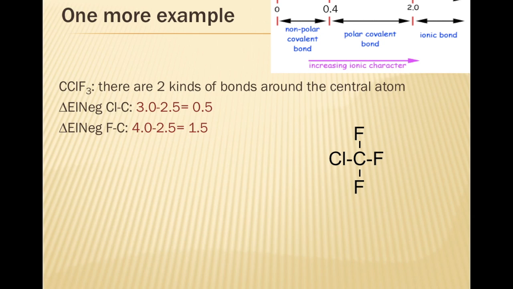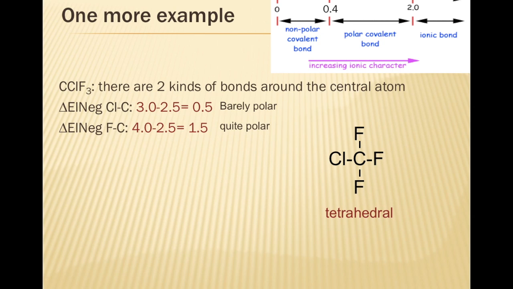So the chlorine-carbon bond, the difference in electronegativity is 0.5. So it's considered polar covalent, but it's barely polar covalent. It's almost nonpolar. And then the fluorine and carbon, the difference is 1.5. So that is quite polar.